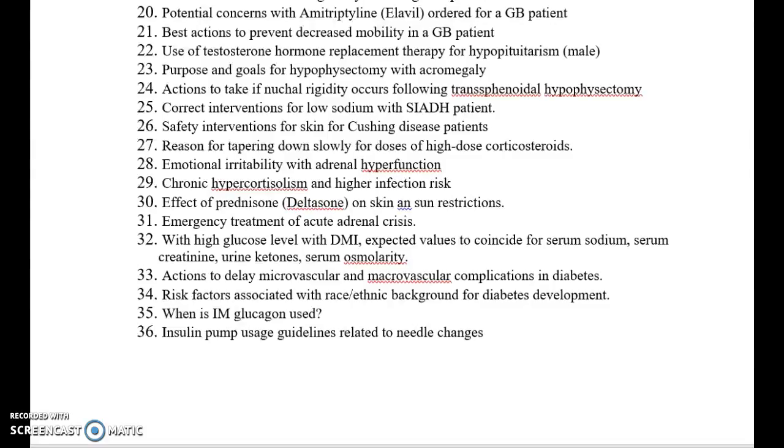Current interventions for low sodium with an SIADH patient. With SIADH, you're trying to correct the low sodium, and obviously giving somebody a higher sodium diet wouldn't be a bad thing, but the most common and always the first line of treatment in these interventions is to put them on a very strict fluid restriction.